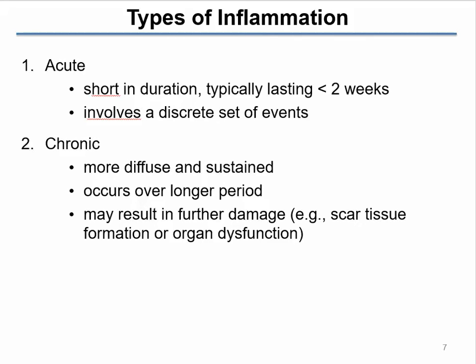It can result in scar tissue, a permanent loss of function. So it can cause dysfunction in an organ. If there's loss of function in a tissue, then the organ is going to be affected. So chronic inflammation is something that we want to avoid. Acute inflammation is very, very important as a stage of healing.